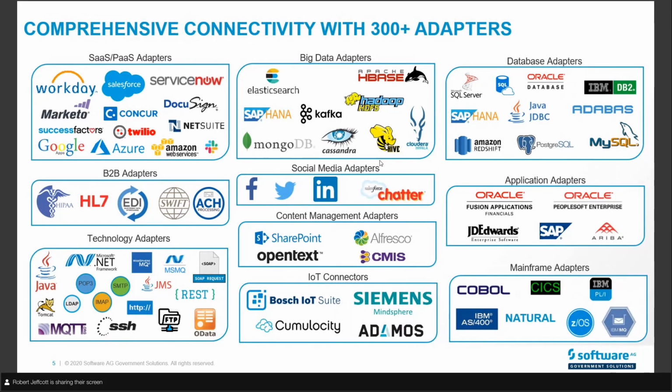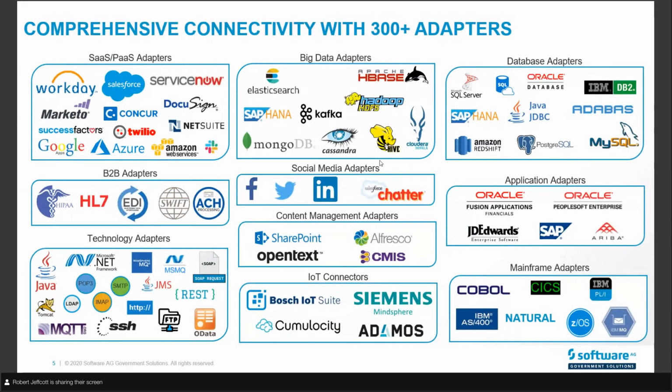We have a comprehensive set of connectivity of over 300 adapters that make it quick and easy to connect to any technology. Again, whether it be SaaS, big data, database adapters, application adapters, mainframe connectivity, or more simply technology adapters.